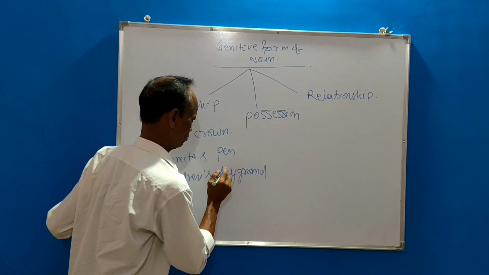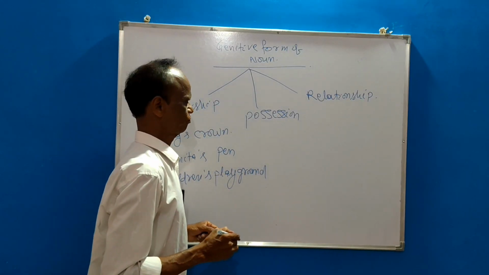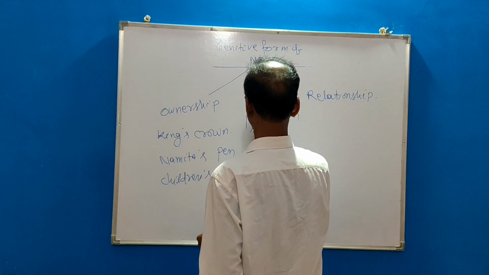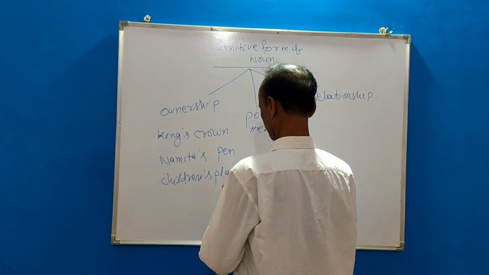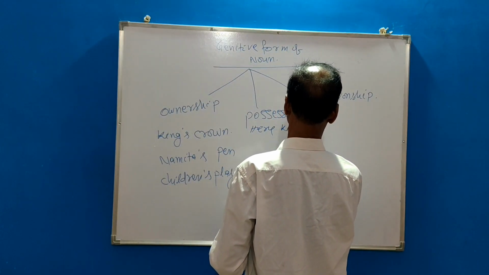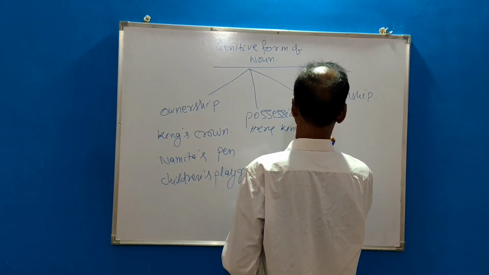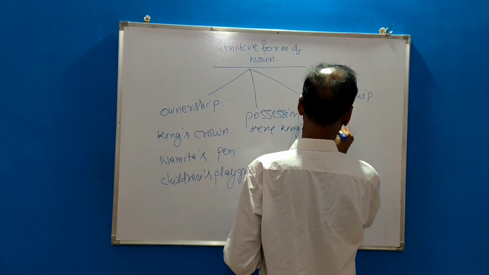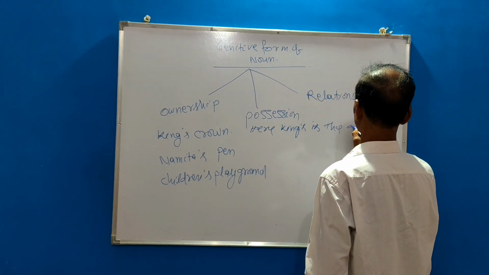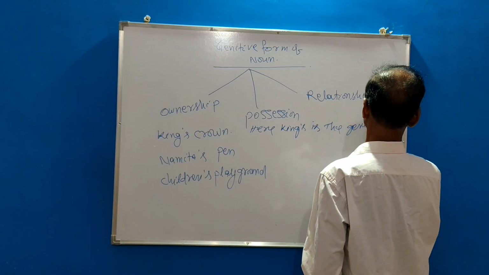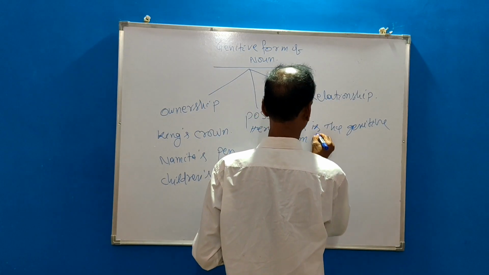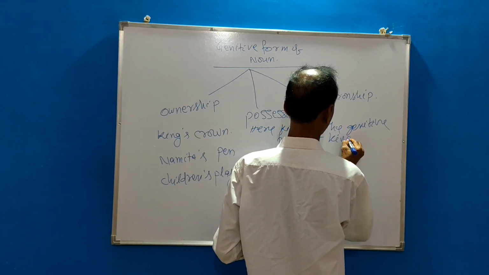So in king's crown, here king's is the genitive form of king.